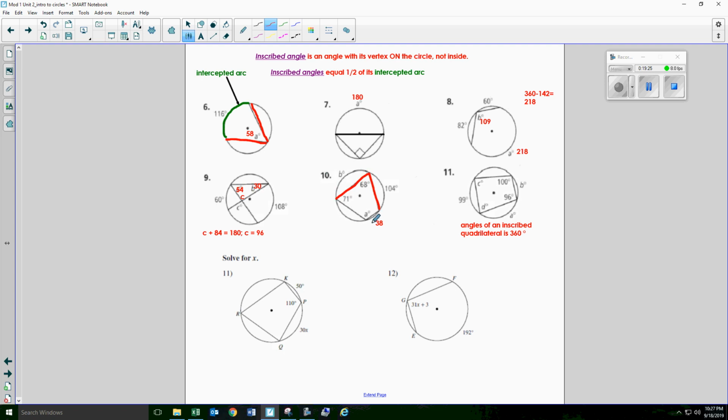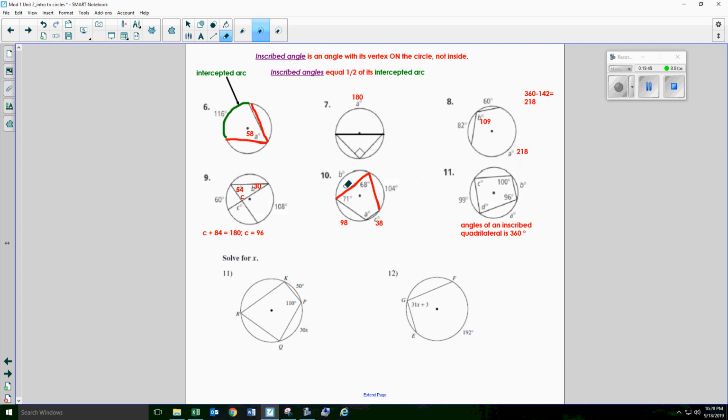Well, don't forget, from here to here is 38. So I go 136 minus 38, that would be 98. 98 plus 38 is 136. So now I have that arc from there to there, 98 degrees.